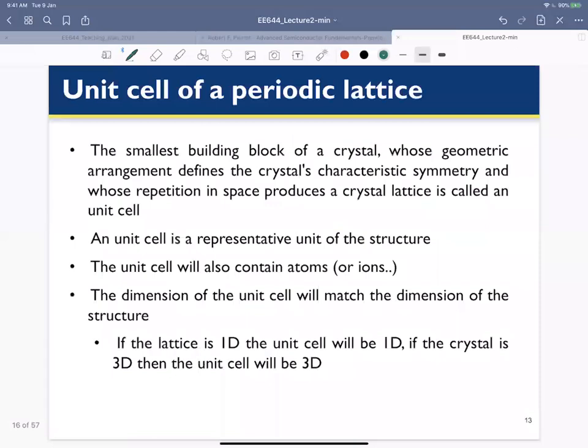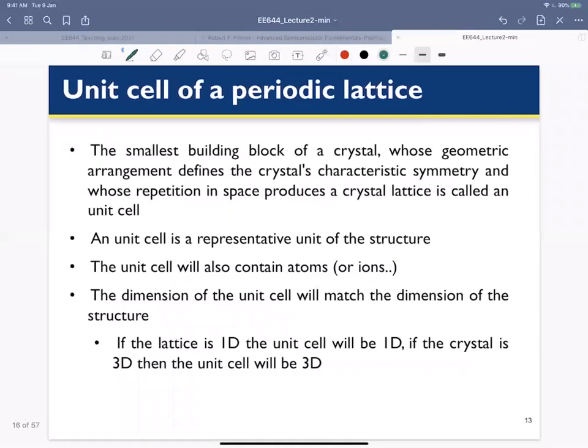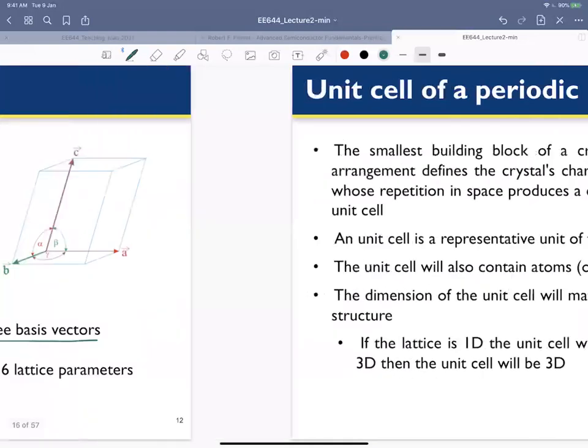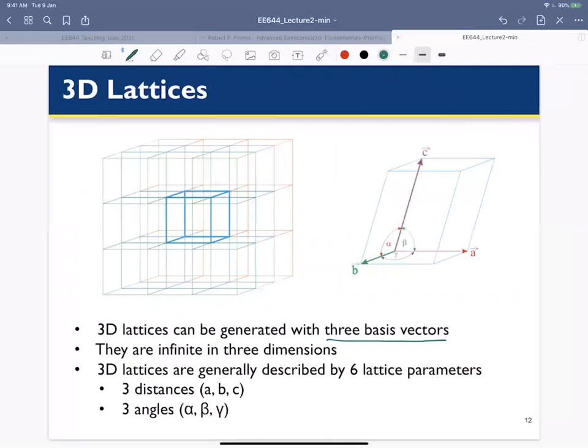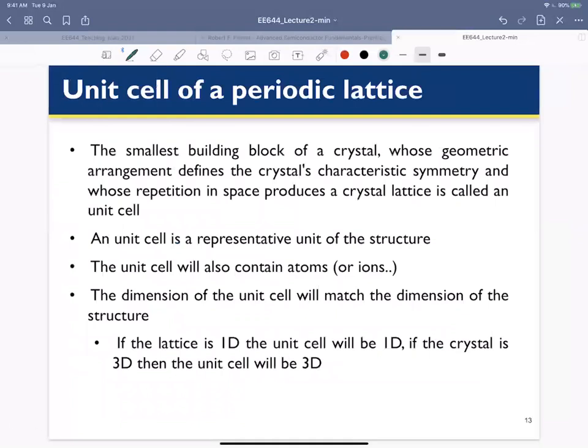So we discussed three kinds of periodic lattice: 1D, 2D, and 3D lattices. These periodic lattices can be described by something called a unit cell. When I was telling you, let's say you want to use an ab initio tool, a DFT tool, to find out the material properties of an unknown semiconductor, the input will be the unit cell of that crystal.